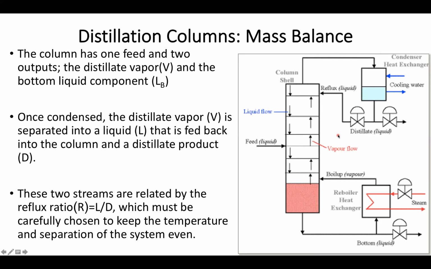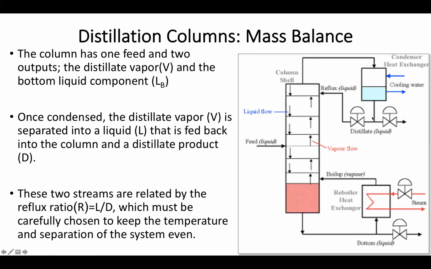So one of the important things to make sure that you know is the reflux ratio. This is essentially how much of the liquid I end up putting back as this reflux liquid, or L, versus the product distillate, which I pump out. So this gives me the reflux ratio R. If you see this R variable, it's going to be telling me a lot about this ratio.